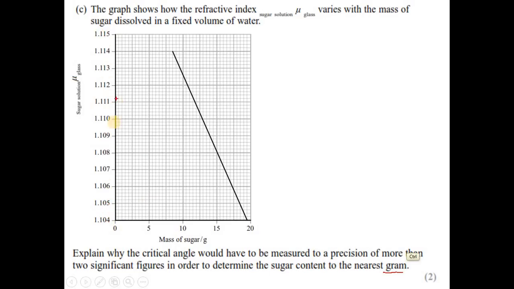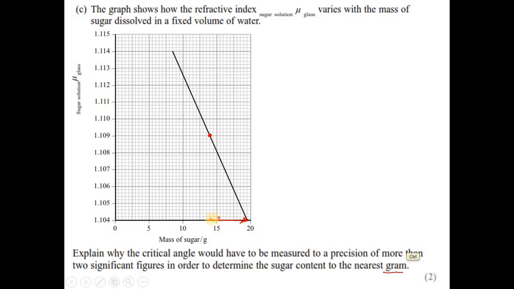But more importantly, suppose if we use just 2 significant figures, and if you see here, from this to this, we have variation of mass. From here, the mass is continuously increasing.